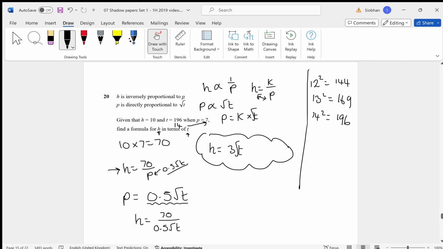Should be able to work this out though. 70 divided by 0.5. So how many 0.5s fit into 70? Or how many halves go into 70? Dividing by a half is the same as doubling. So we can double 70. So it's 140 over the square root of T. And there we go.